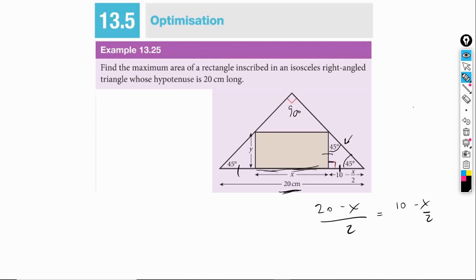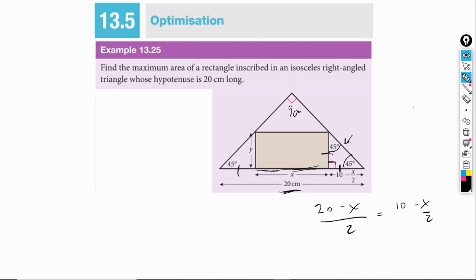But again, because it's isosceles, this side is the same. So that means we have everything in terms of x in order to solve this problem. That is really the basic difficulty in optimization, making sure you can get a formula in terms of x that you can then just derive.